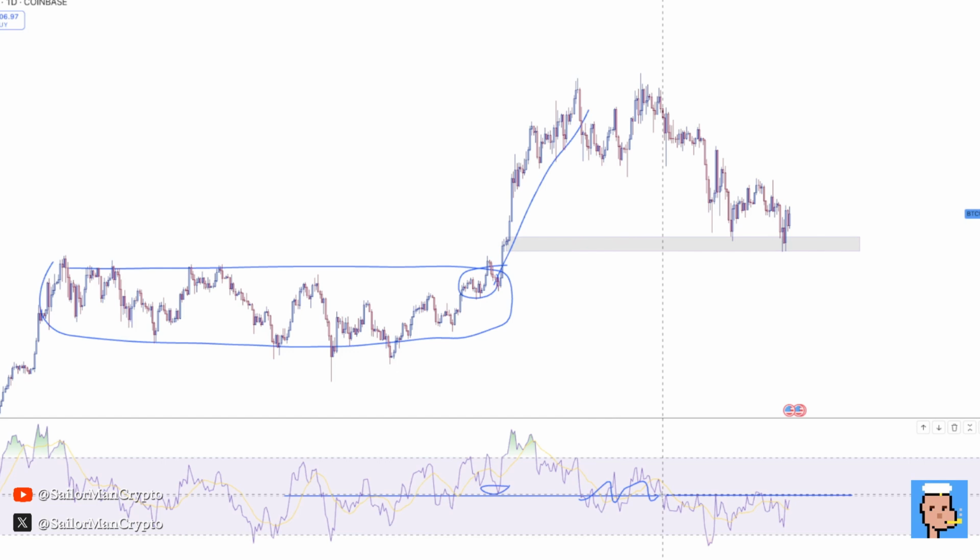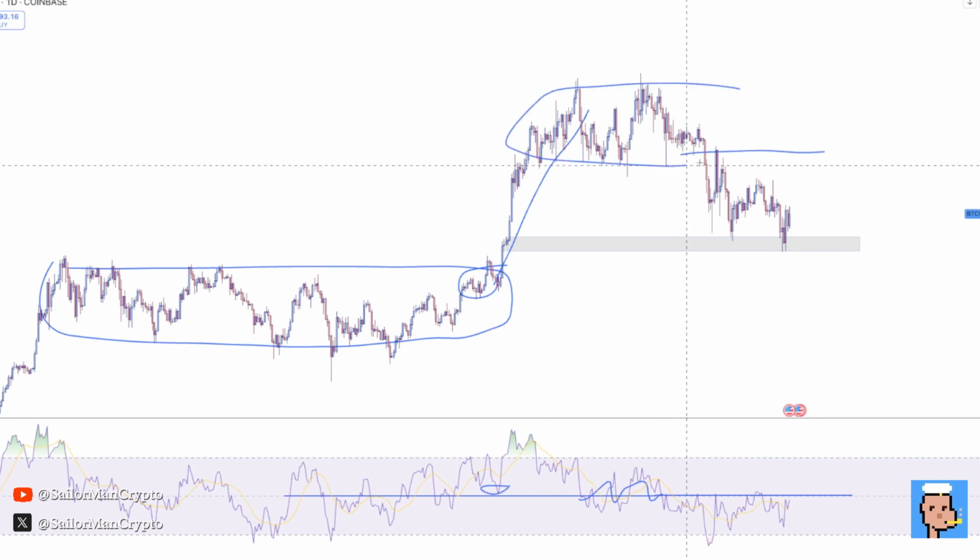Here again it started to be choppy and lost, and since we broke the previous range, this range where we have been trading for 3 months, exactly here the 50 level was lost and never reclaimed.